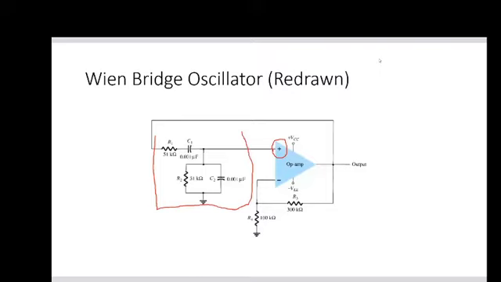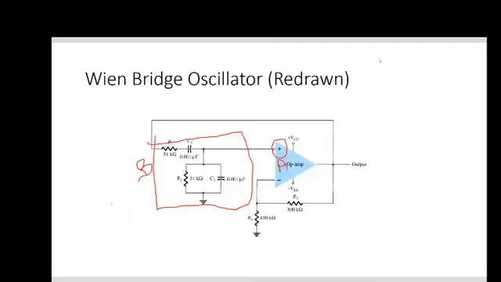We make sure it introduces only 0 degrees of phase shift, and it will have some gain beta. Based on this value of beta, we will be setting the gain of this op-amp. Now we will derive the value of beta for this particular Wien bridge oscillator feedback circuit.